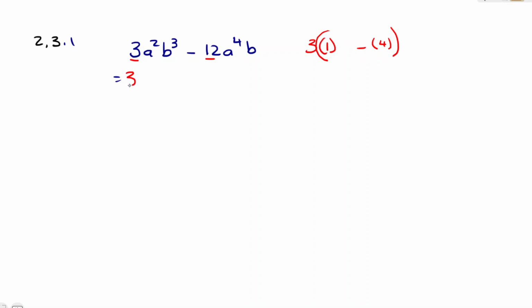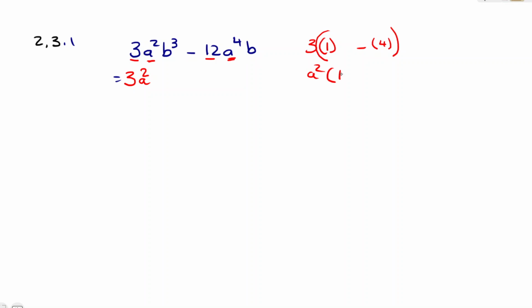Now, I will take a 3 and I'll also take an a. If I take an a here, I know that I will be left with an a inside here. Let's take a squared. If we take a squared, we'll be left with a 1.